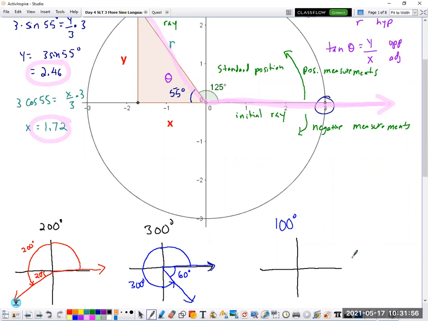I want you to type to the chat to everyone, what quadrant is the terminal ray for 100 degrees in? 1, 2, 3, or 4? Where is the terminal ray? Press enter. Hey, look at all those right answers. It's in the second quadrant.